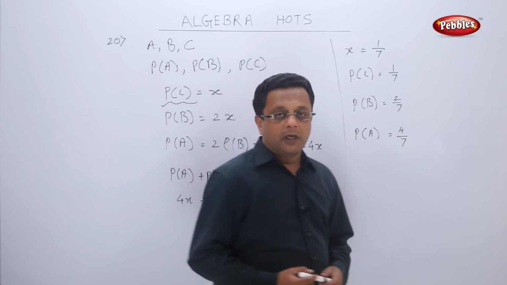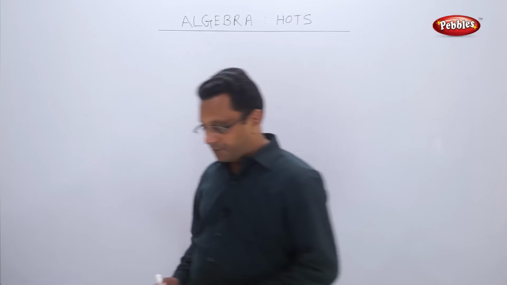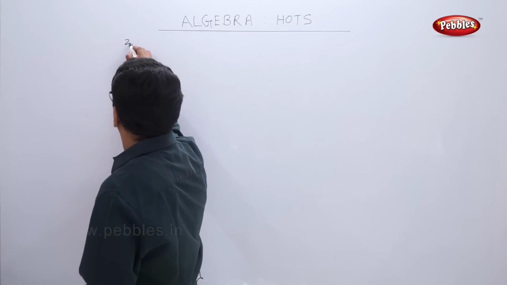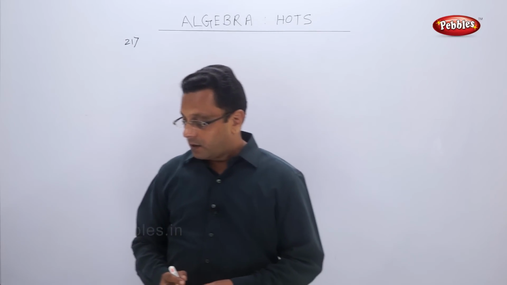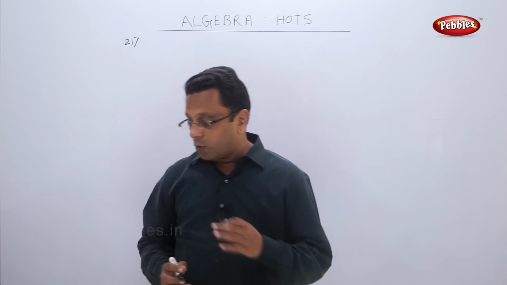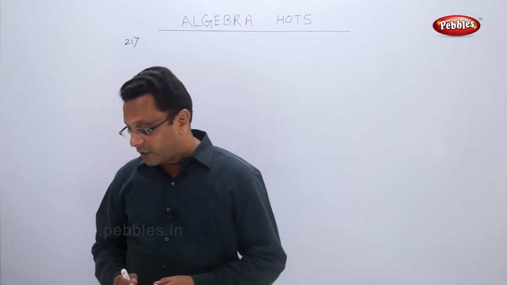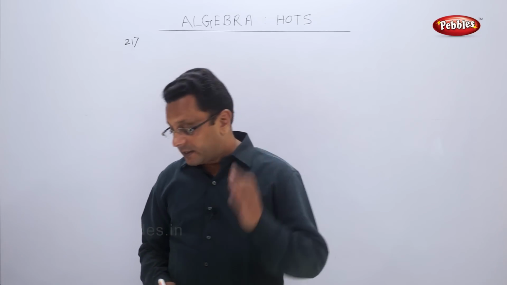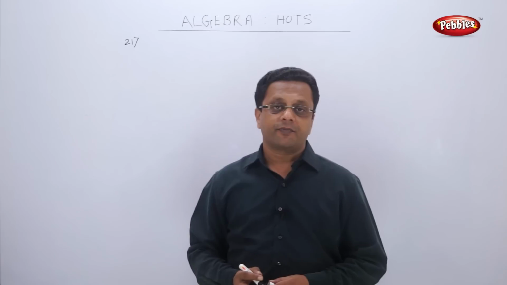So shall we move ahead to the next example? Example 21. Savita and Hamida are friends. What is the probability that they both will have, first case, different birthdays, and second case, same birthdays? Now they say ignoring the leap year.